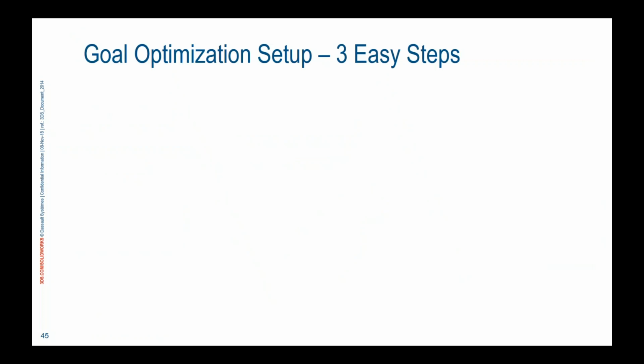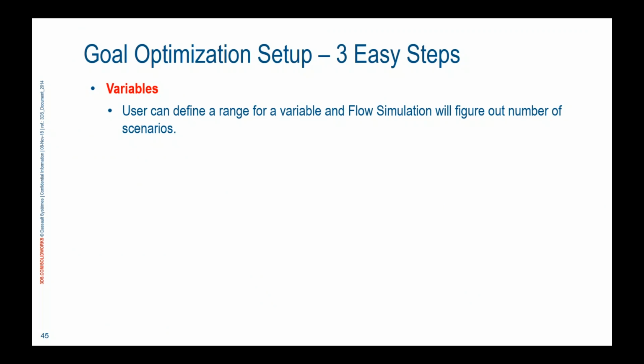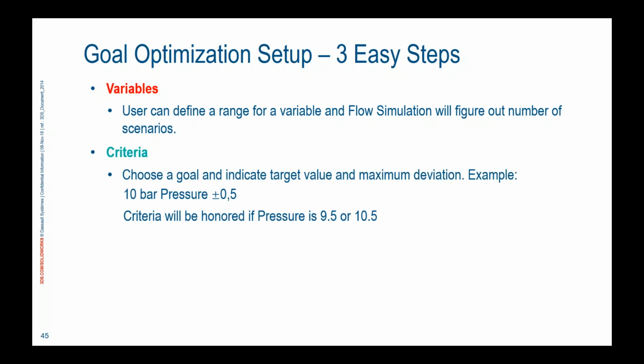So three easy steps. Basically, we have to define variables, parameters. Can be, of course, parameters inside the product, again, such as a diameter, or a thickness, or something else. Or it can also be something inside the analysis, for example, a pressure drop, or flow rate, and something like that. We have to define a criteria to define the goal.